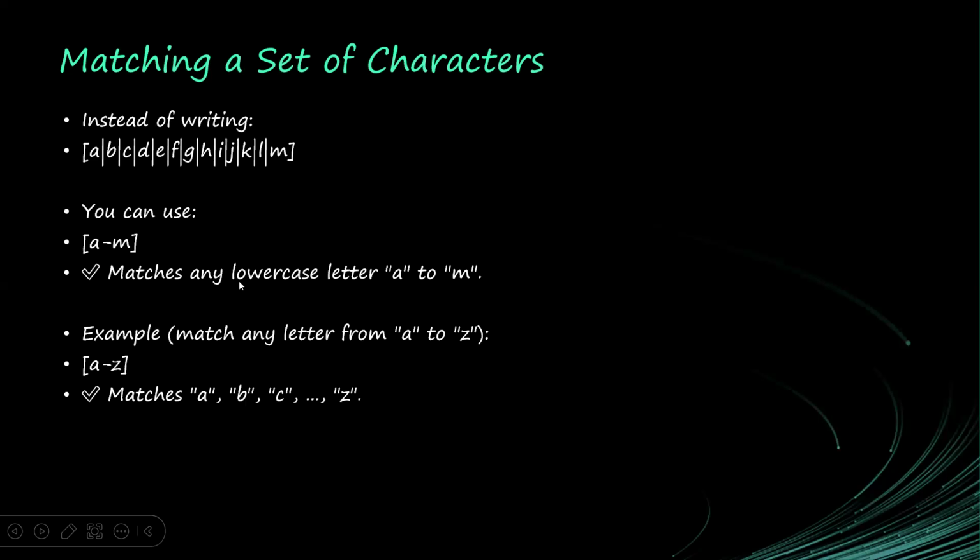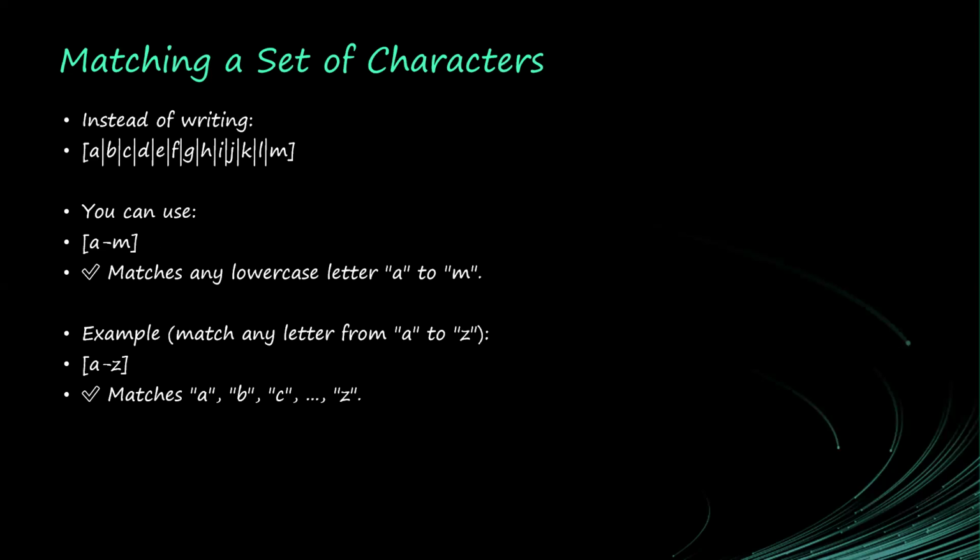So this will match any lowercase A to M. Examples like A to Z, when you do this, it matches A, B, C, and anything that gets to Z. So this is a range, A to M, A to Z. And when you create a range, you put it in a square bracket like this.